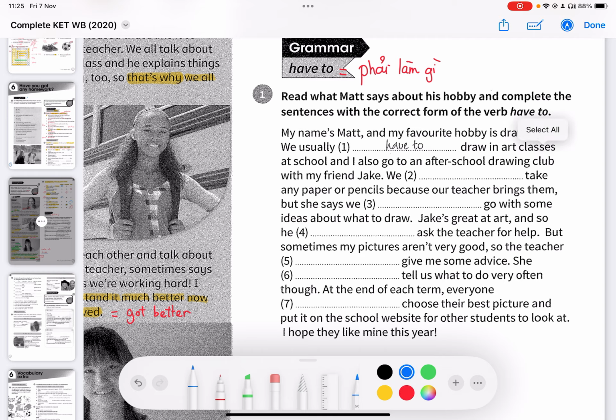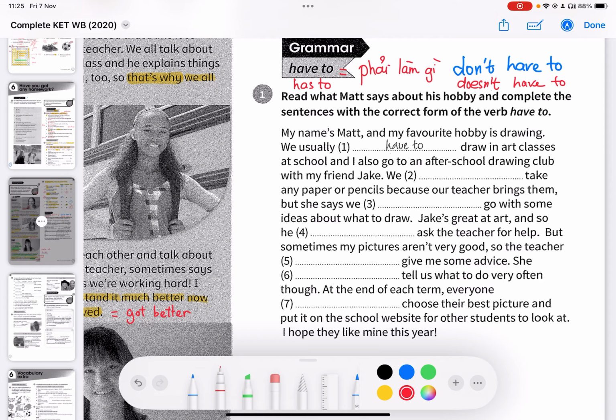Yes, it is don't have to. And we also have I, you, we, they have to, he, she, it has to. And he, she, it không cần phải, doesn't have to. Right. Yes.